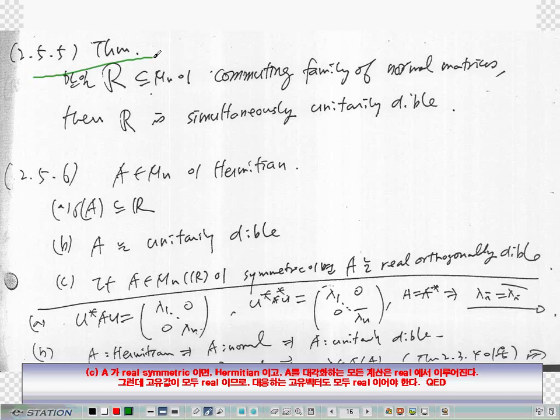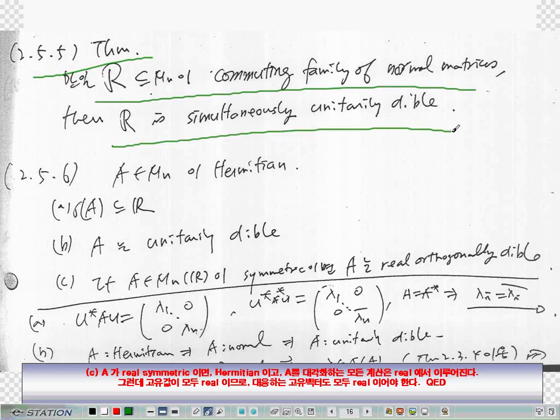Next, Theorem 2.5.5. If F is a commuting family of normal matrices, then F is simultaneously unitarily diagonalizable. Here, the only difference is normal matrices. It's the same thing as for commuting families: when you have a commuting family, you have simultaneous diagonalizability.